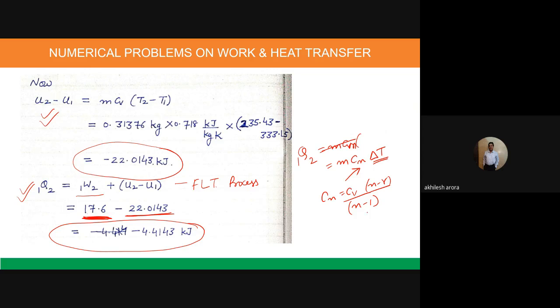So this is known to us. The value of n is known, gamma is known to us. Gamma for air is equal to Cp by Cv, and you can calculate its value as 1.005 divided by 0.718, and it comes out to be 1.4.